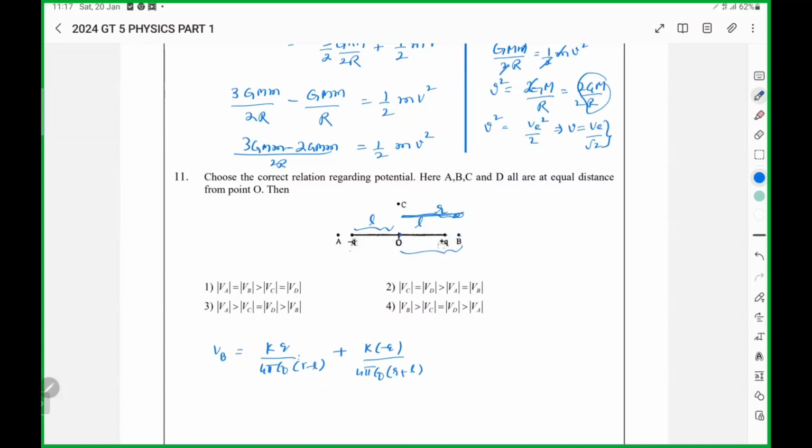This is R, this is 0. So after simplification, we get it is a standard formula, roughly R square if R is greater than L.